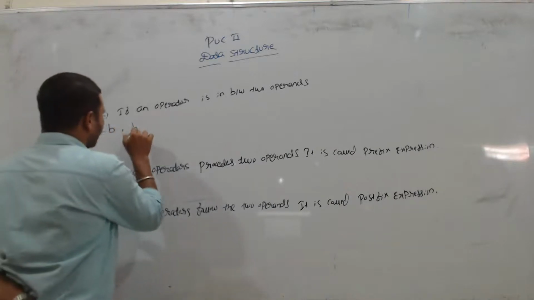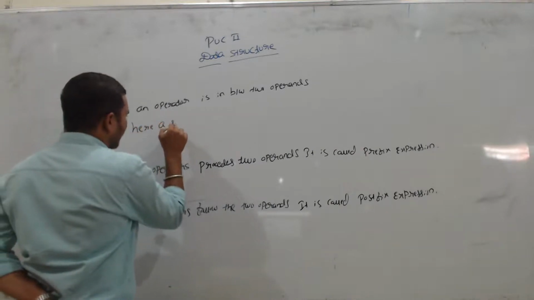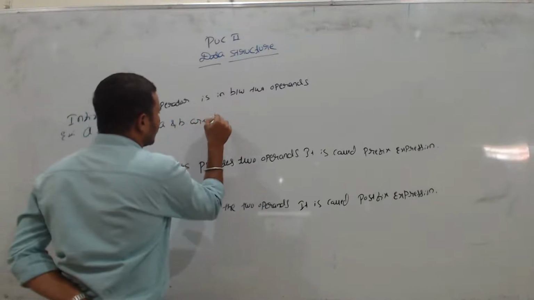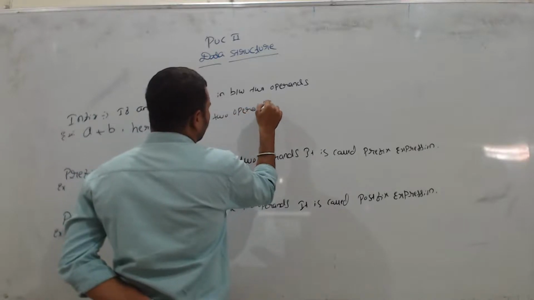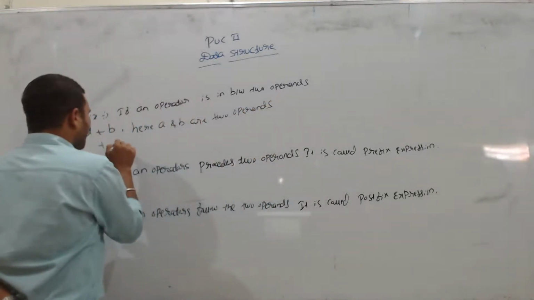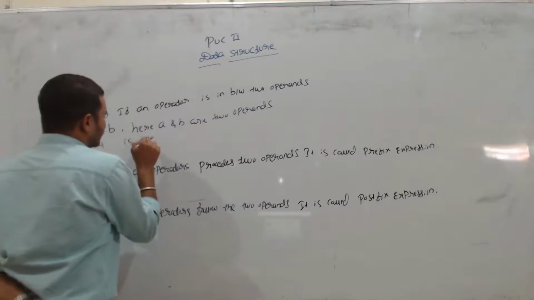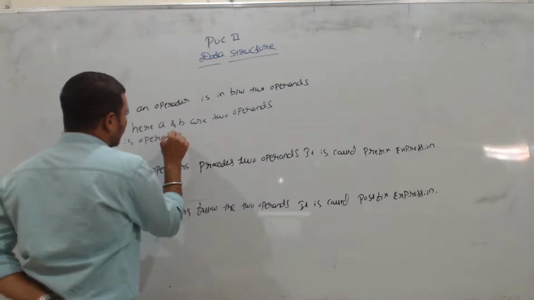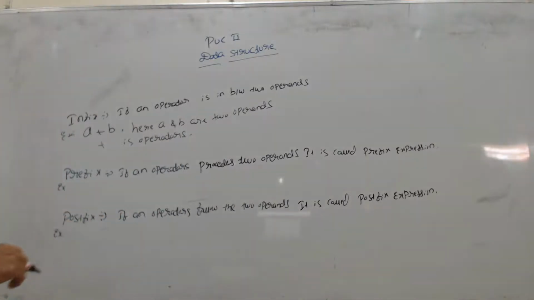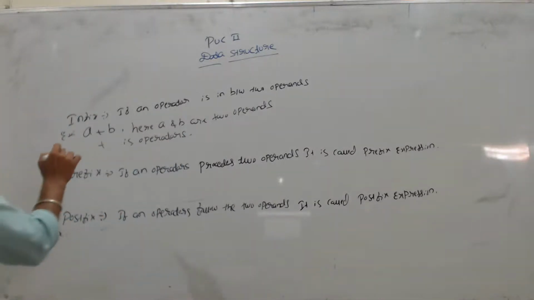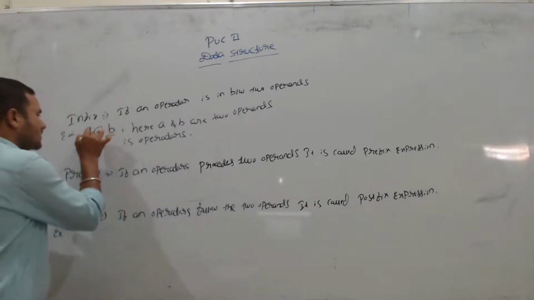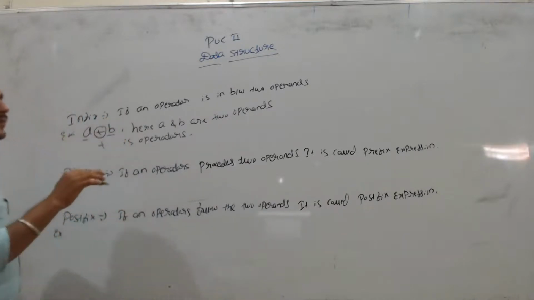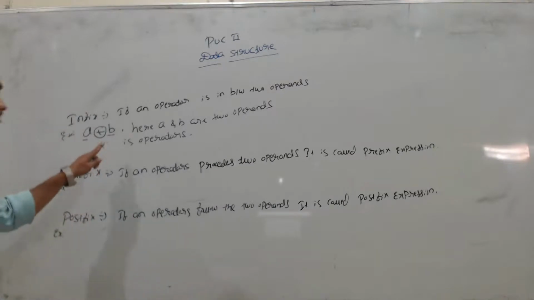Here A and B are two operands, and plus is the operator. If an operator is in between two operands, this is one operand, this is another operand. So which one is the operator? This is the operator. So plus is an operator.